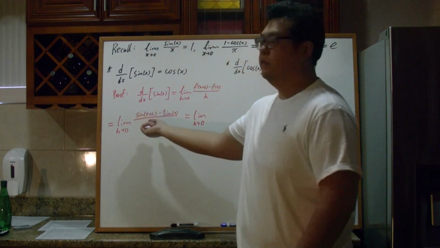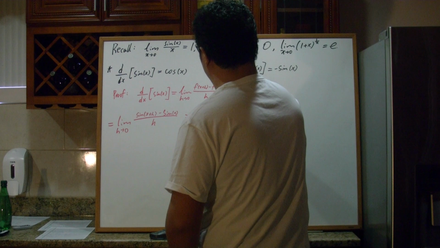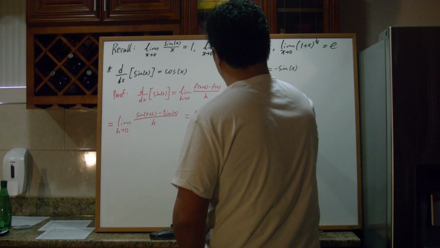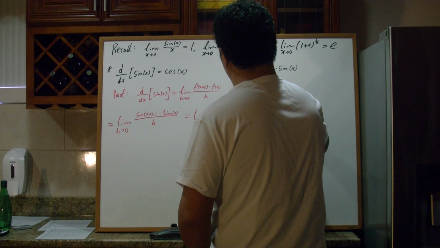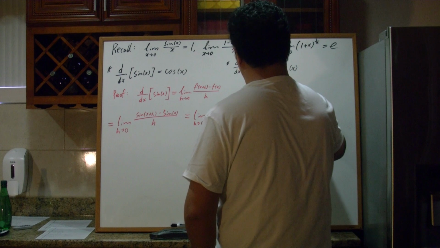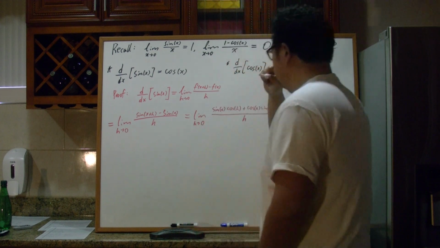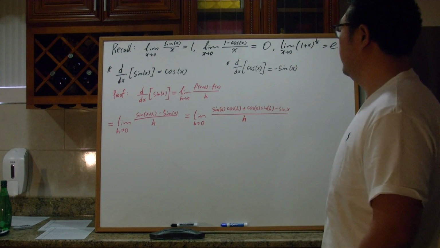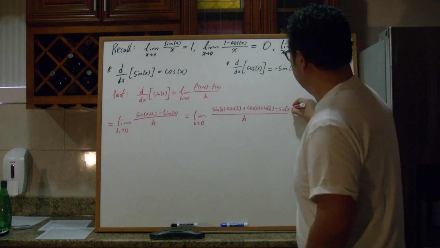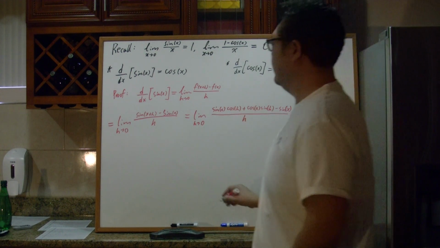The expansion of the sum of angles for sine is sine of the first angle times cosine of h plus cosine of the first angle times sine of the second angle, sine of h. Of which we have 3 terms, and the sine x terms are able to be combined together.